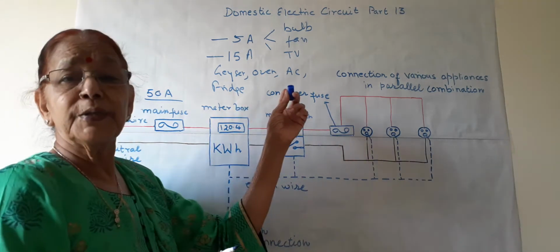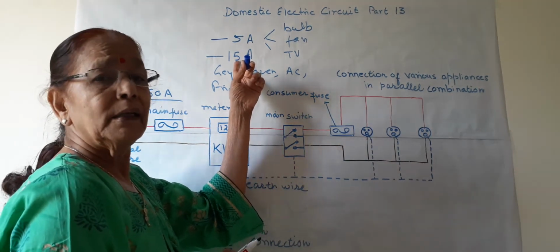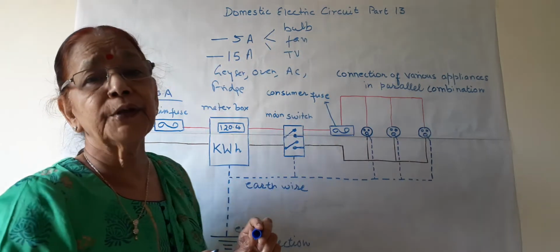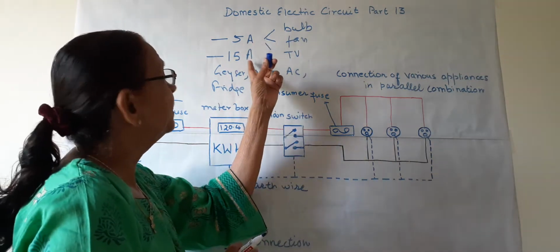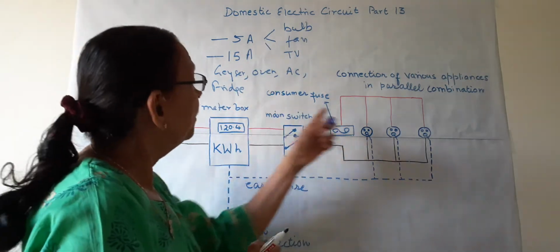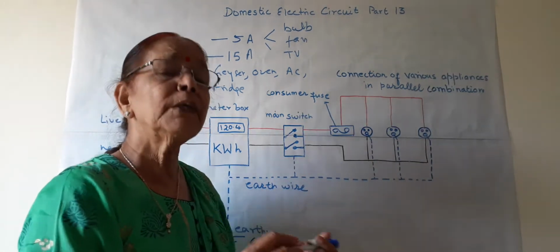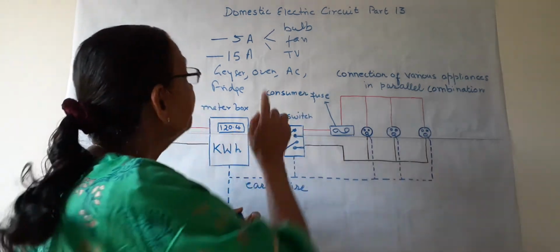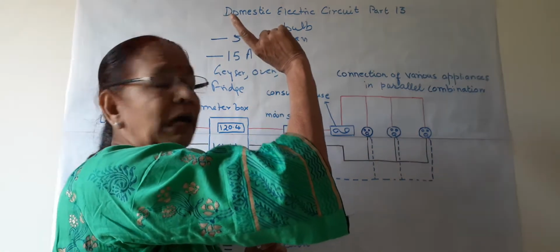So appliances which consume higher power are connected to the 15 ampere path, and which consume lower power are connected to the low energy path, that is 5 ampere. And before these paths, these consumer fuses are put before each appliance. So these can have not more than 5 ampere.